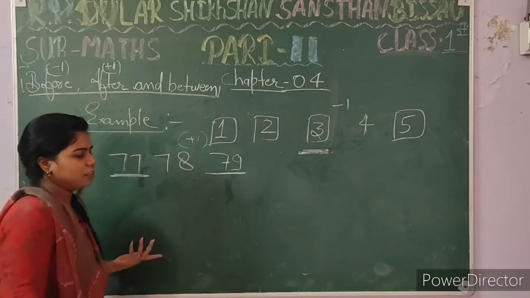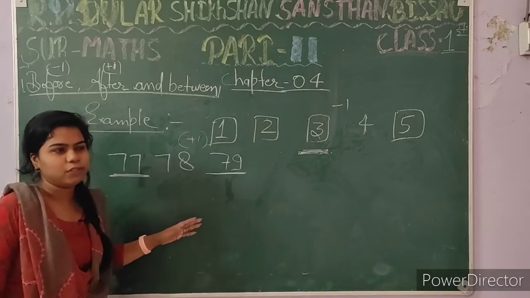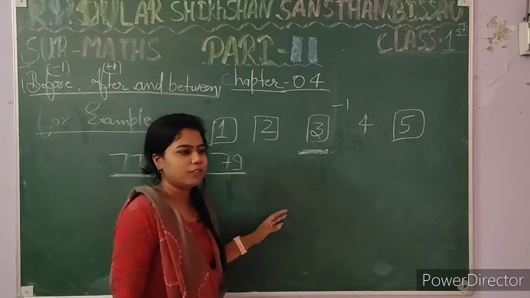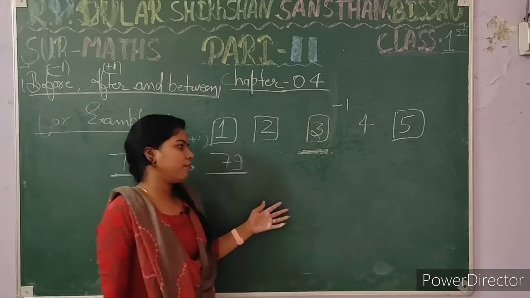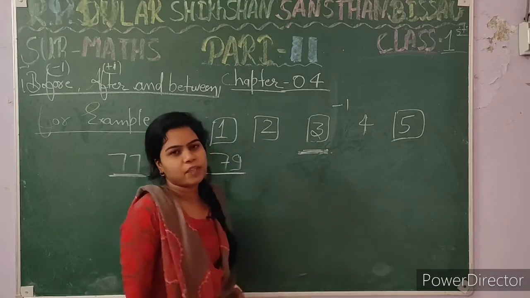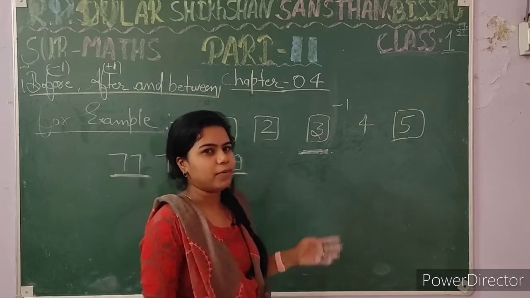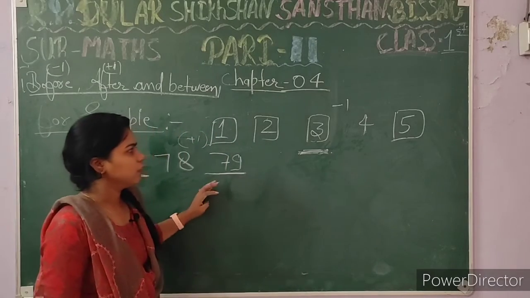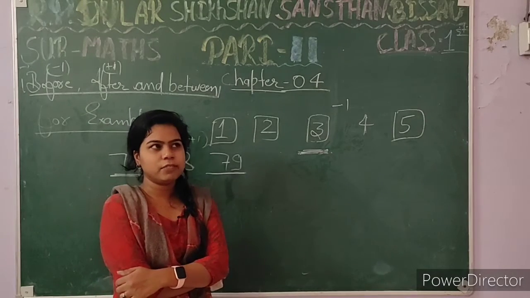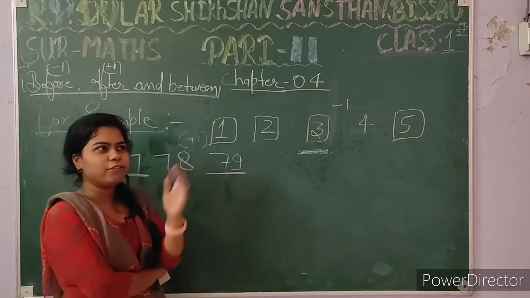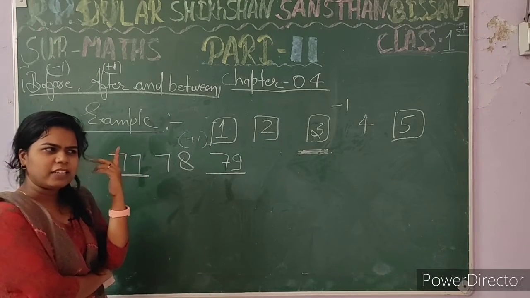Sometimes when we go to occasions in our family, someone asks us in which class we study. We say we are studying in first class, and then someone asks, tell me which number comes before 79.